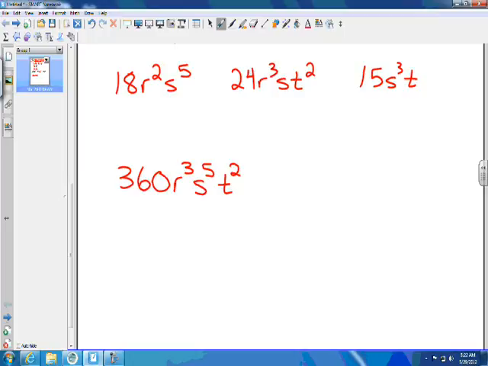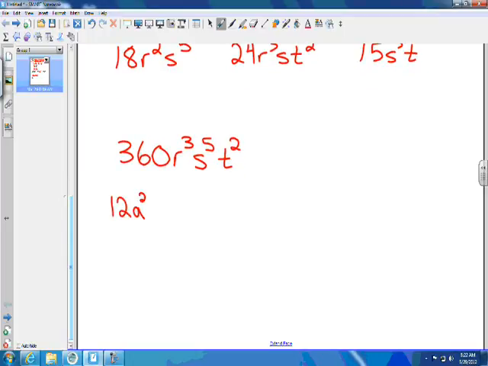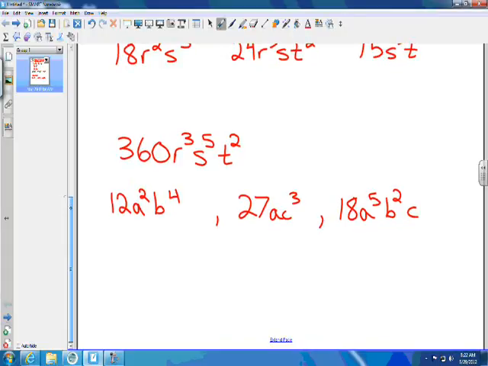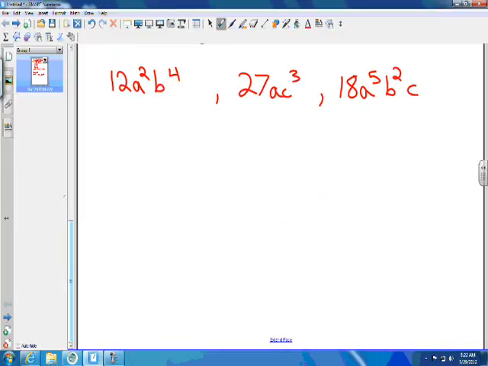12a squared b to the fourth. It's 27ac to the third. And 18a to the fifth b squared c. So the smallest number that 12, 27, and 18 all go into. 324.